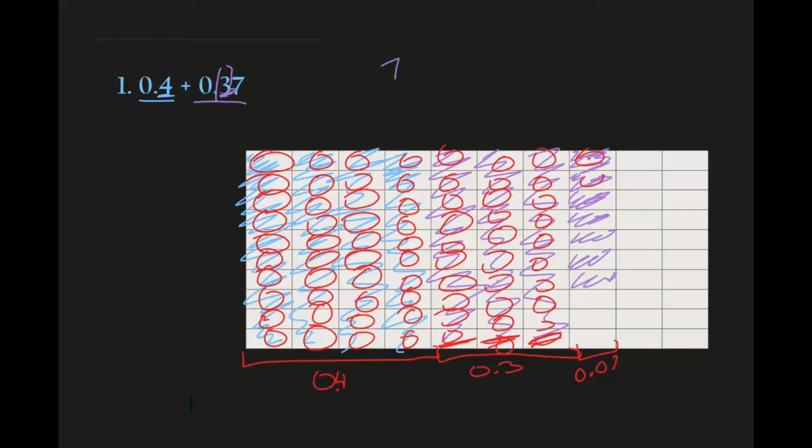And then 71, 72, 73, 74, 75, 76, and 77.